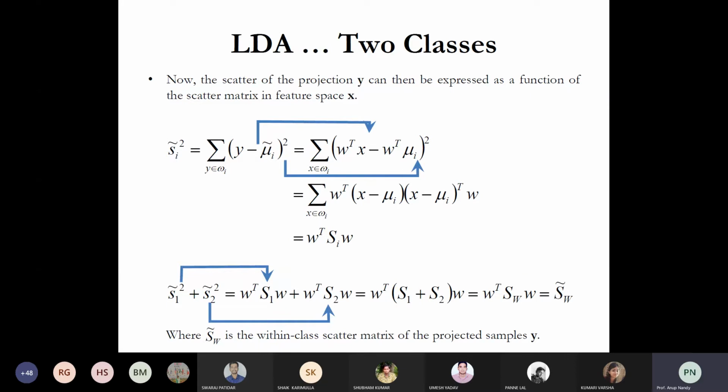You have already seen this type of problem for the positive definite matrix, that is a transpose A a. So you can write it in this way.